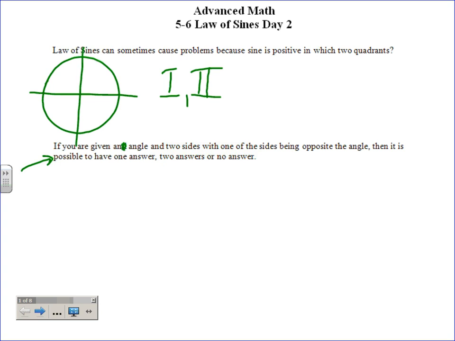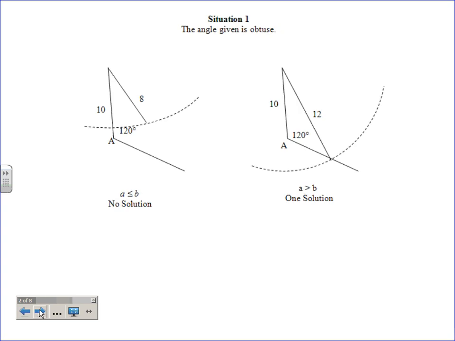Obviously, if I give you two angles and the pair, you don't have to worry about it. That might be worth repeating. If I give you two angles, and obviously that side that makes a pair, there can't possibly be two answers, because if I give you two angles, isn't the third angle pretty well set? If I give you two of them, the third has no option. Okay? So here we go.